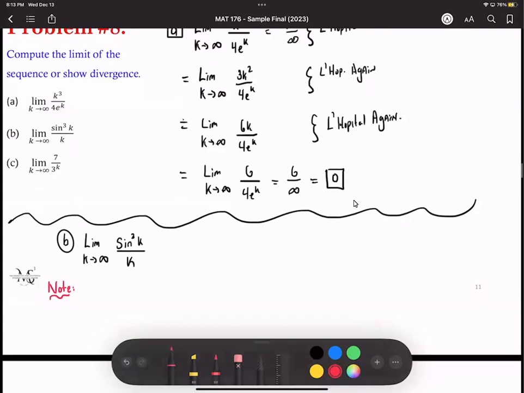Yeah, that's right, Preston. So we can make a quick note. We can say that sine of k by itself is bounded between -1 and +1 as k goes to infinity. What I'm going to do is rewrite this inequality so the middle part can mimic the sequence. So we have -1 is less than or equal to sine of k, which is less than or equal to 1.